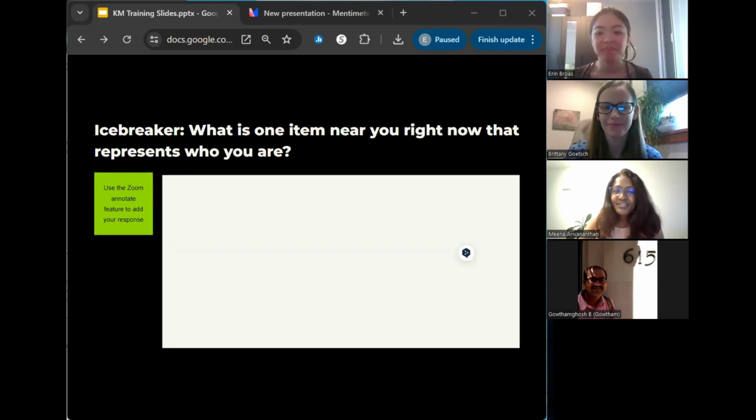If you're looking at the Zoom screen, take a look at the top for view options. Click the button and then go to annotate. Once you click on annotate, a little strip bar appears either at the bottom of your page or on your left. On that, feel free to use any of the tools you see above. There's a text tool, a writing tool, and so on.